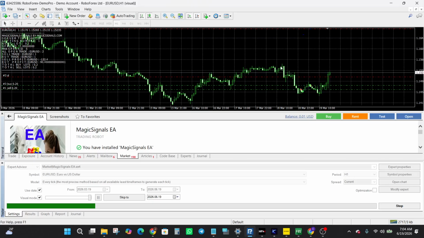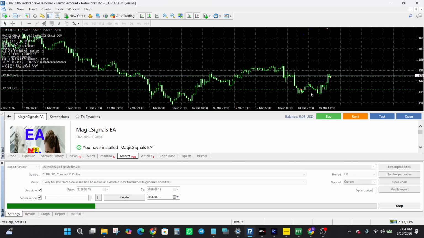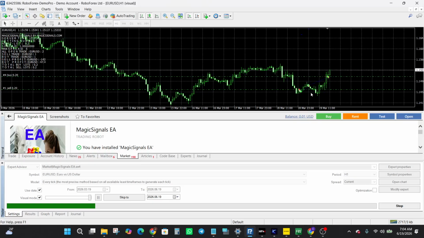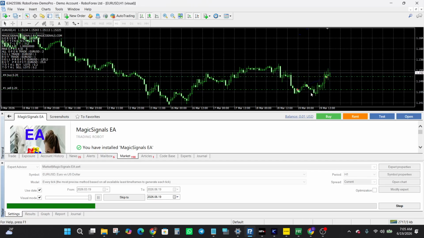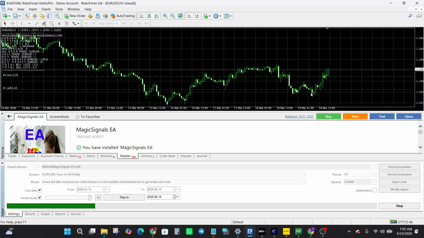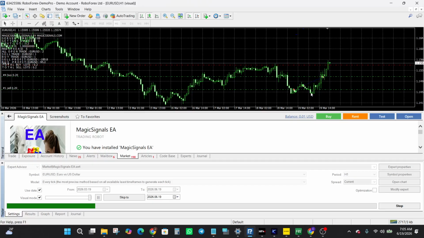Now, as for the historical testing performance, the results shown here reflect the conditions, spread assumptions, broker environment, and risk settings used during the test. Actual results can vary significantly depending on lot size, risk configuration, broker execution quality, spread conditions, slippage, market volatility, and user optimization choices.